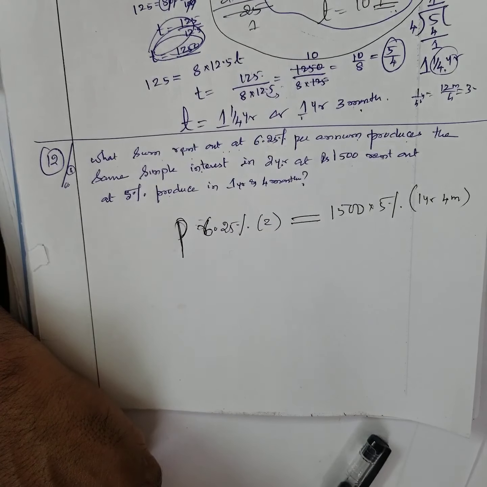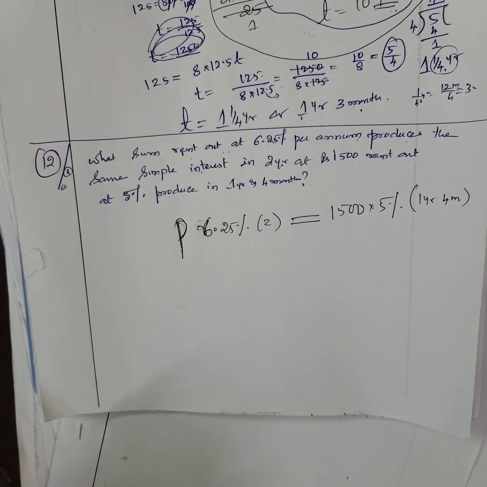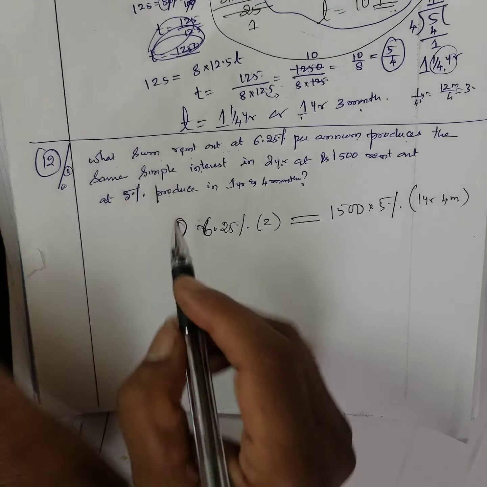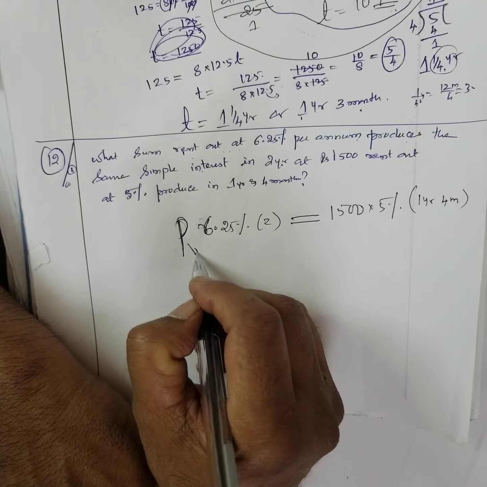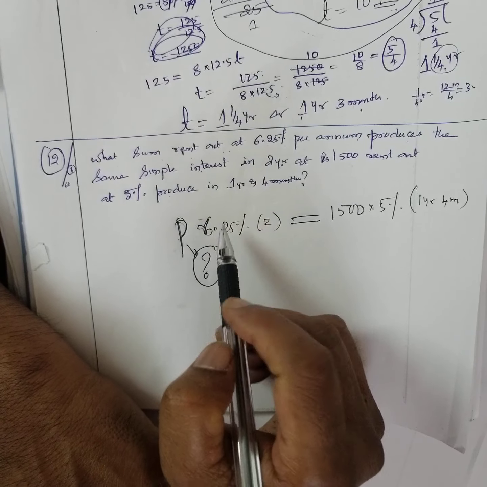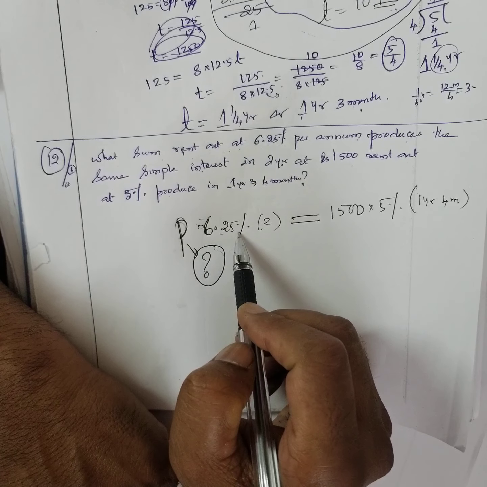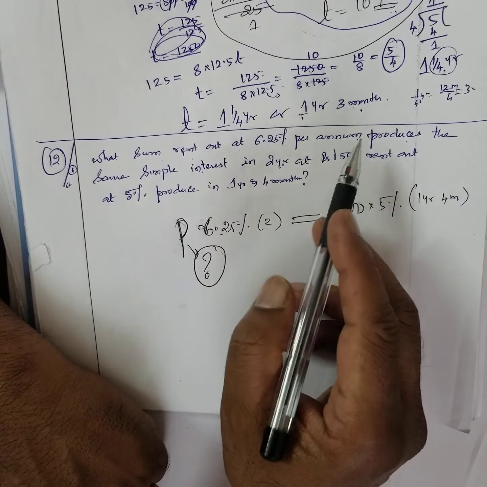Here, what they are asking is how much money you have to invest. That means rented out at 6.25% for 2 years, right?